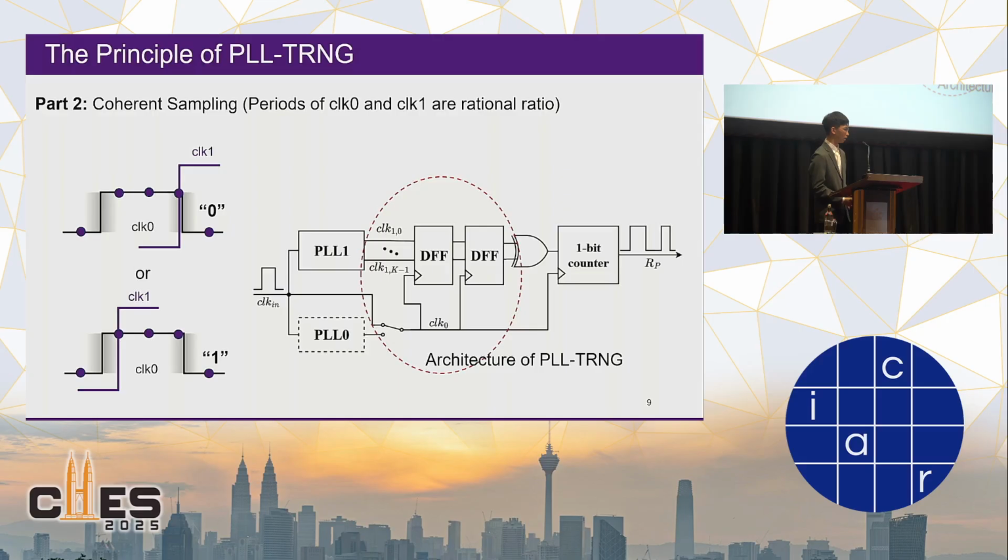So if the state is just before the edge of clk1, the flip-flop may sample 0, but if it's just after, it may sample 1. So this is where we get our randomness.